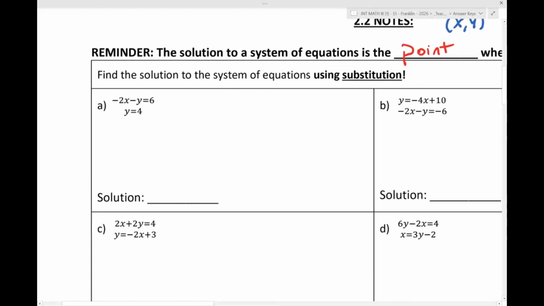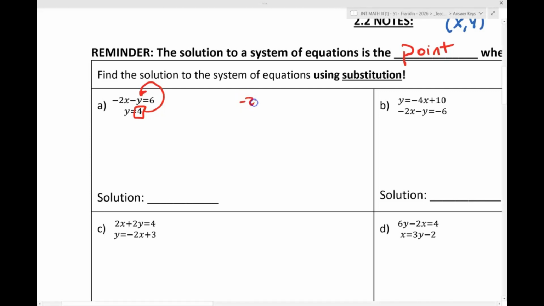So in our first system here, we have negative 2x minus y equals 6 and y equals 4. And because we have an equation where y is equal to something, right, this second equation is already solved for y, we can take that value 4 and put it into the other equation for y. We can substitute it in instead of y, and then we can solve.